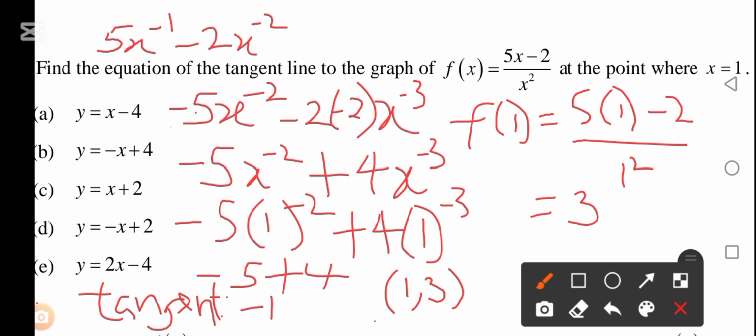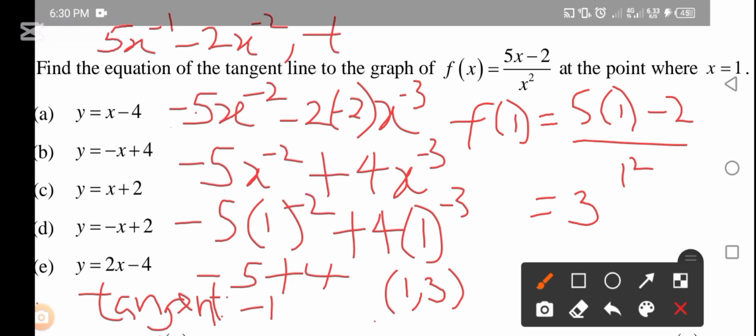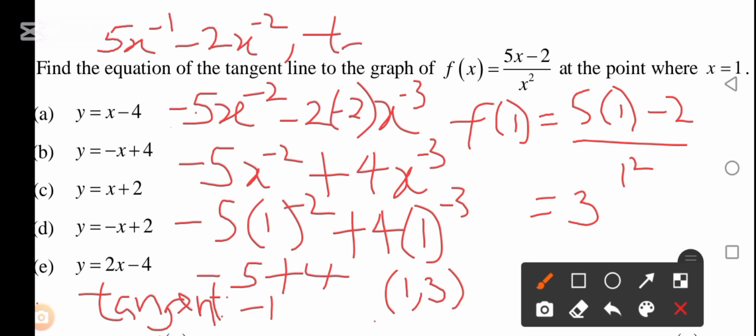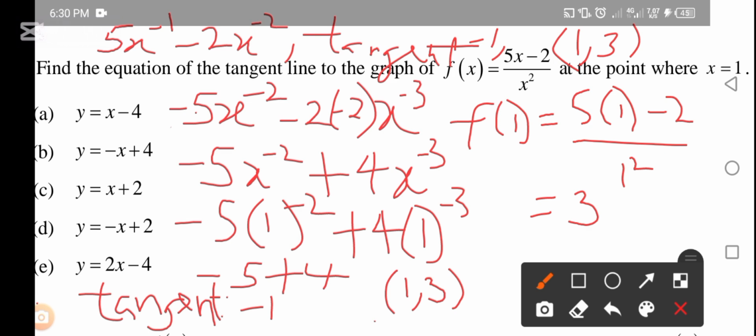of the tangent, as it is required, a straight line equation. So let's record this: tangent negative 1 and the coordinate 1 comma 3.